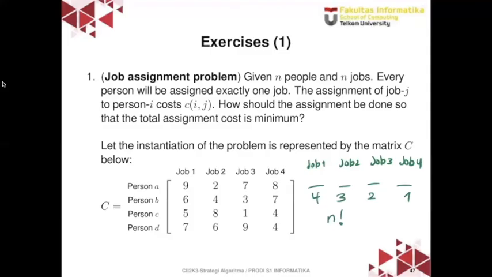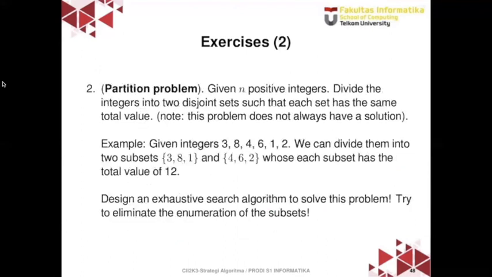For this problem, for example, we will have 4 factorial possibilities. And we just need to see, for each enumeration, what is the total cost we have with the given solution, and then find the minimum cost from all possibilities.